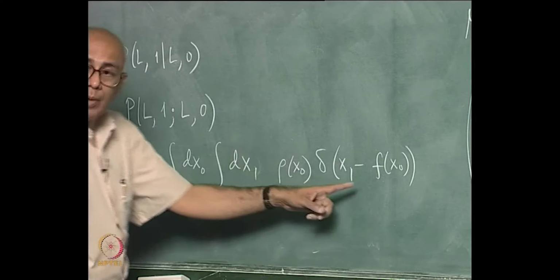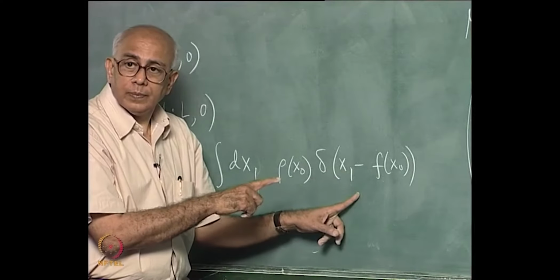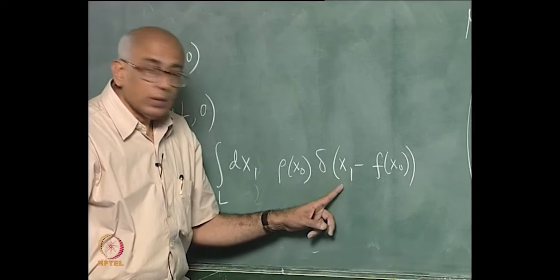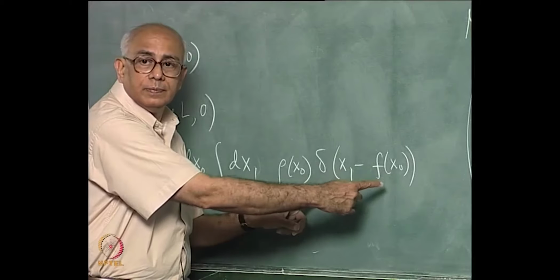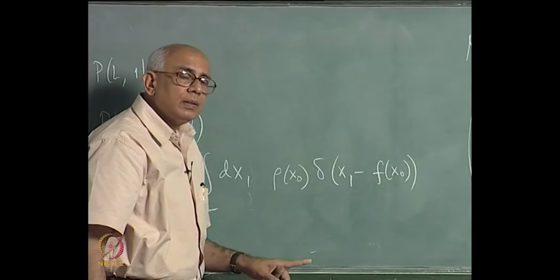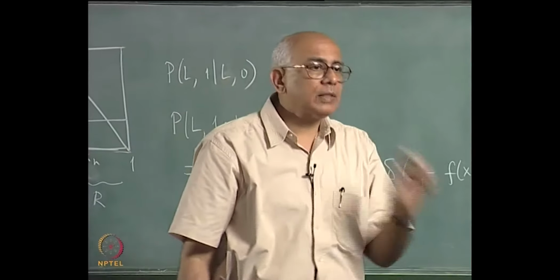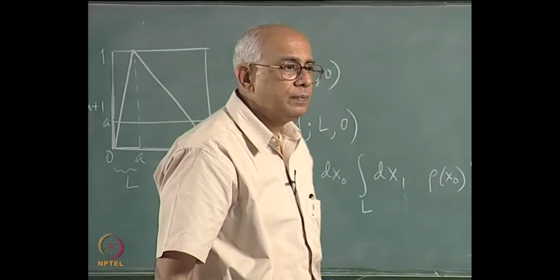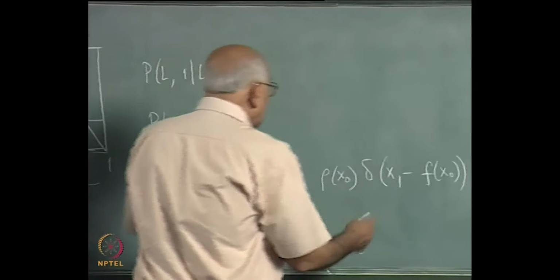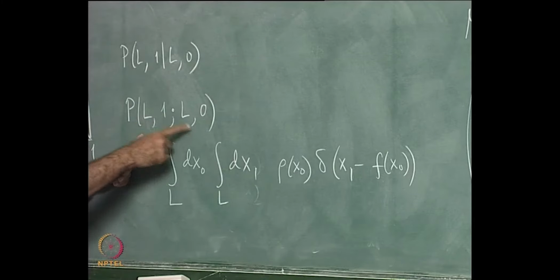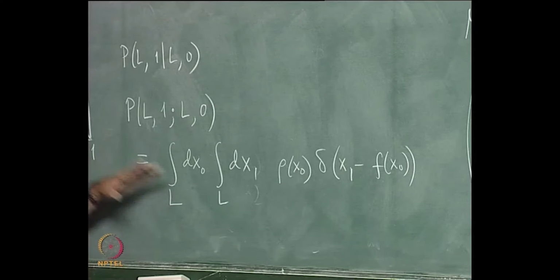This is a conditional probability density. It says if you give me an x naught, I am guaranteed to go to an x1 whose density is given by this, and that multiplied by rho of x naught gives me the joint probability density for x naught and x1, x naught at time 0 and x1 at time 1, and it is integrated over x naught and x1 over the regions that you are interested in. So this is in fact the definition of this joint probability.